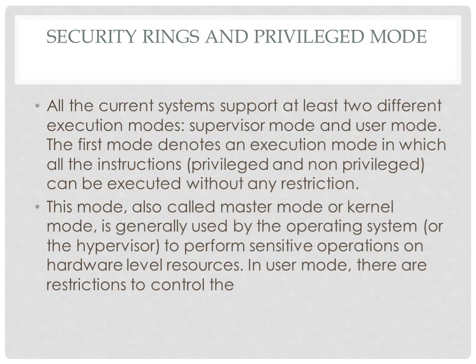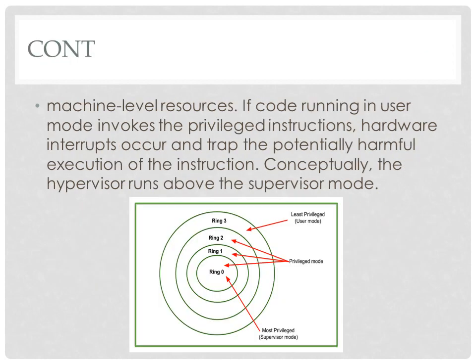In user mode, there are restrictions to control the machine-level resources. If code running in user mode invokes a privileged instruction, a hardware interrupt occurs and traps the potentially harmful execution of the instruction. Conceptually, the hypervisor runs above the supervisor mode.